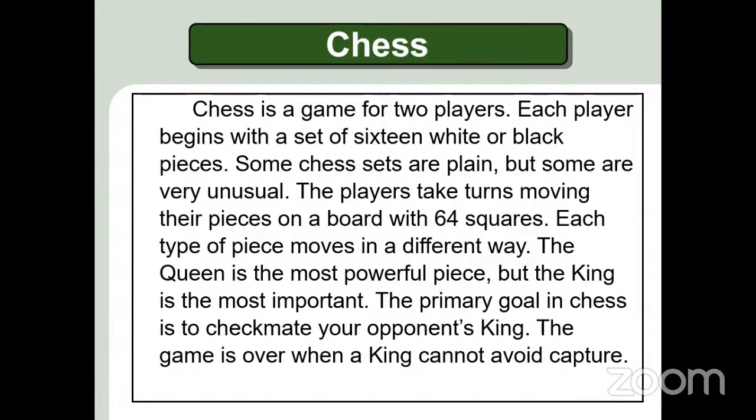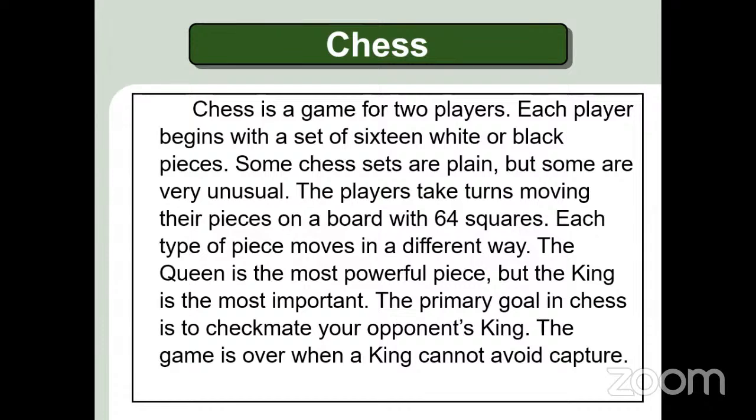Chess is a game for two players. Each player begins with a set of 16 white or black pieces. Some chess sets are plain, but some are very unusual. The players take turns moving their pieces on a board with 64 squares.